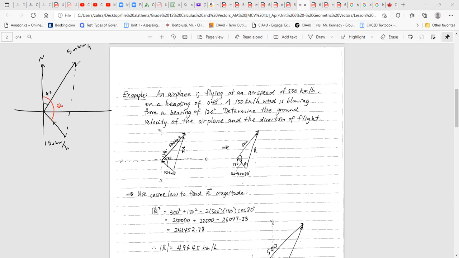Someone on the ground sees the airplane with this velocity. Now, we can use the cosine law. First, we need to find the angle between these two vectors. If from here to here is 120, and this is 40, the angle between these two vectors is going to be 120 minus 40, which is 80 degrees.